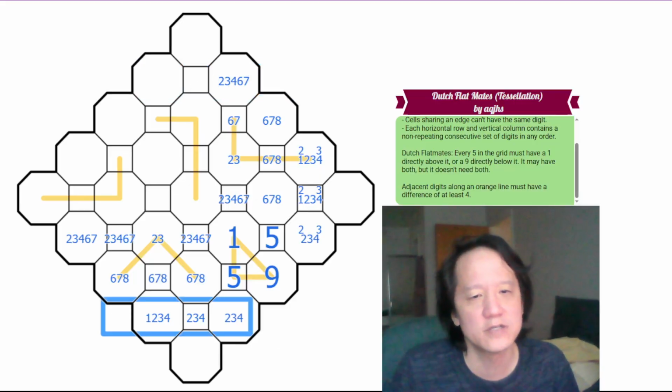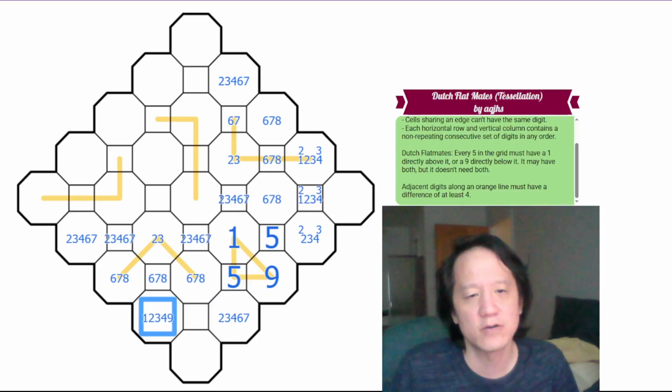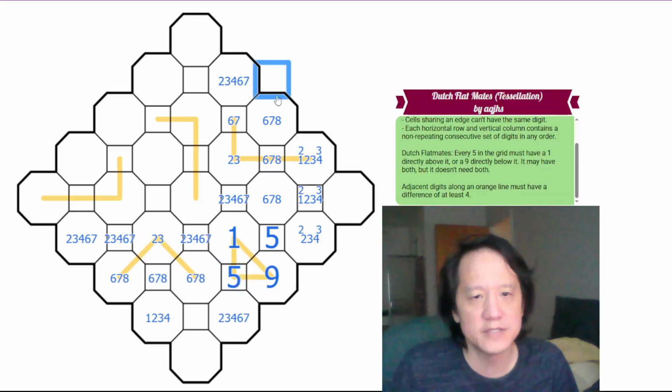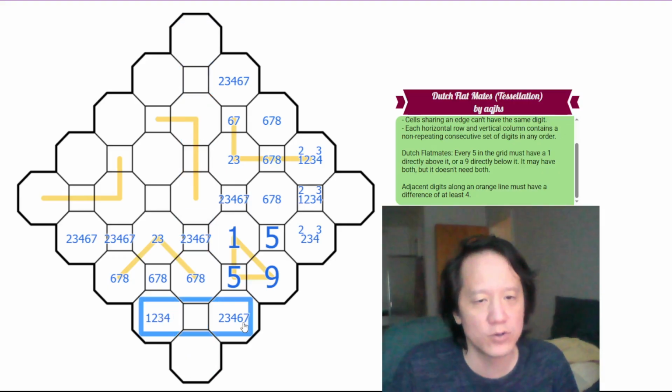So this is actually not correct. But this is still 1 through 4 here. It's in the columns 1, 2, 8, and 9 that you can't have a 5. Because you can always have a 5 with a 1 above it or a 9 below it in the rows, right?